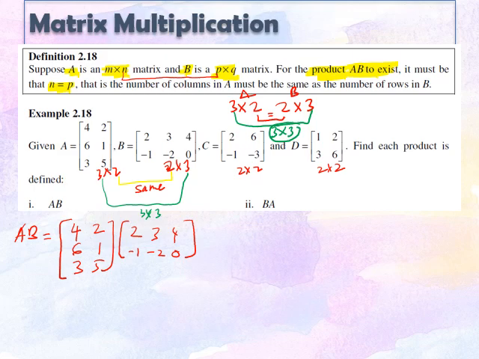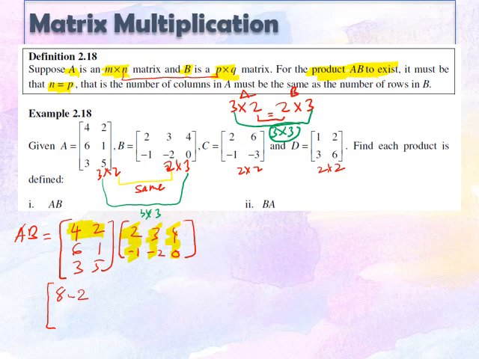So we should multiply each row by each column. First, we solve for the first row. 4 times 2 is 8, plus 2 times -1 is -2.